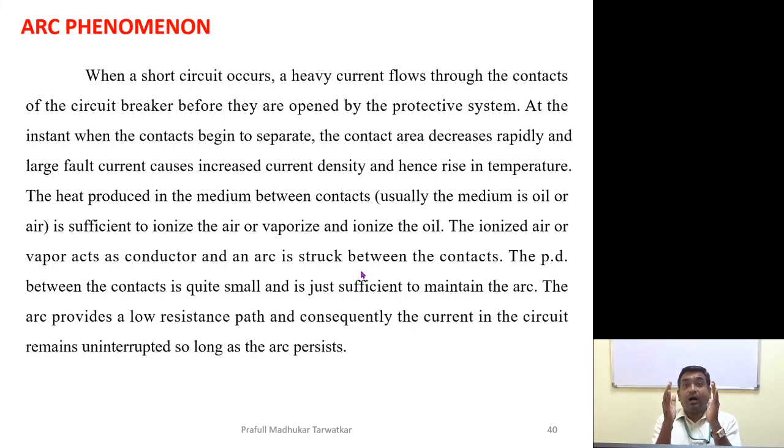Now how this arc is getting extinguished in the circuit breaker, depending on that there are various types of circuit breakers. If the arc is naturally extinguished with the use of natural air only, it is called an air circuit breaker. If vacuum pressure is used to extinguish the arc, it is called a vacuum circuit breaker. If oil is used as an arc quenching medium, then it is an oil circuit breaker.